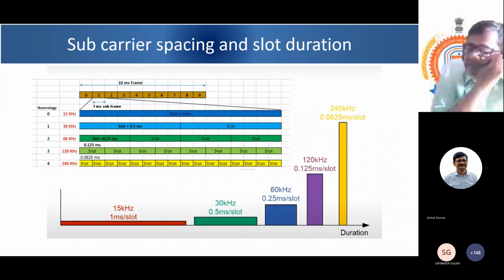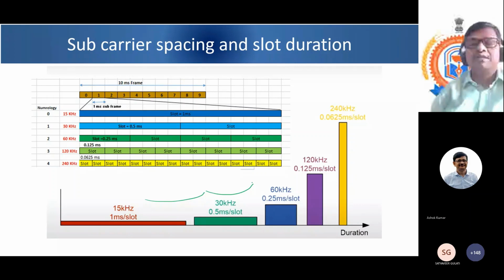Here the concept is, if you are increasing the numerology from 15 to 30, 30 to 60, 60 to 120, 120 to 240, your time is becoming half, from 1 millisecond to 0.5 millisecond to 0.25 and so on. But for the frequency domain, you are doubling, right?